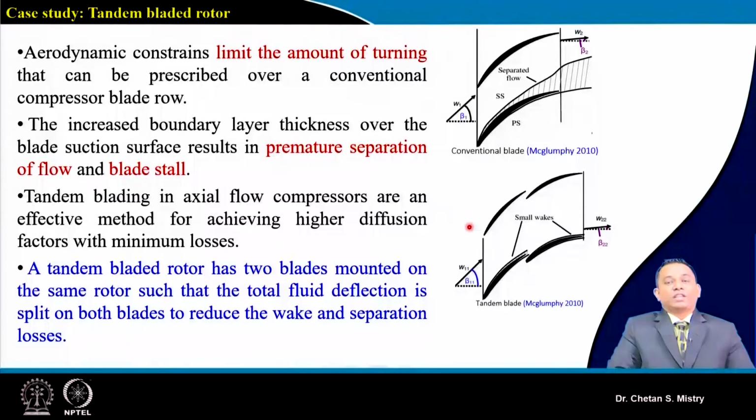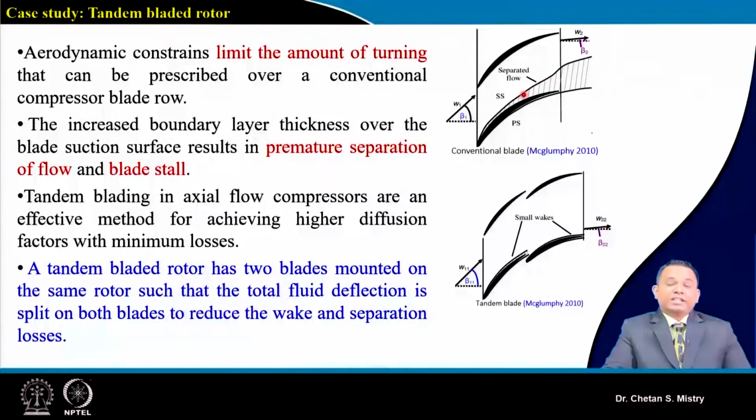Now one more possibility is to increase the deflection angle. To achieve high pressure rise, my delta beta needs to be larger. If we increase delta beta, because of the adverse pressure gradient, there are more chances for the flow to get separated from the suction surface.